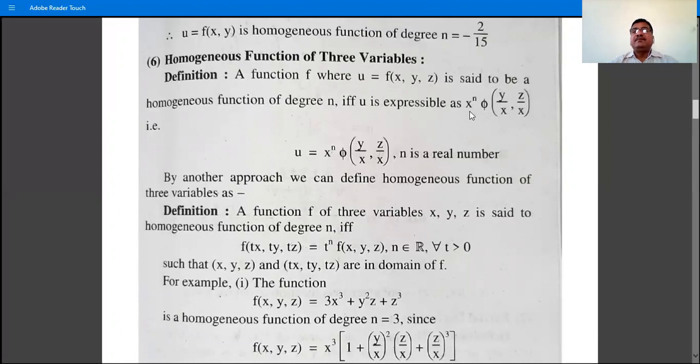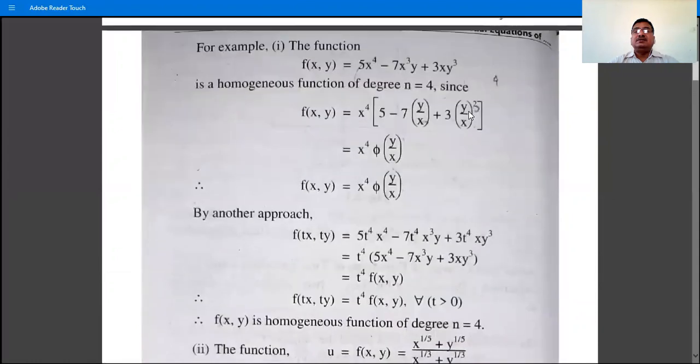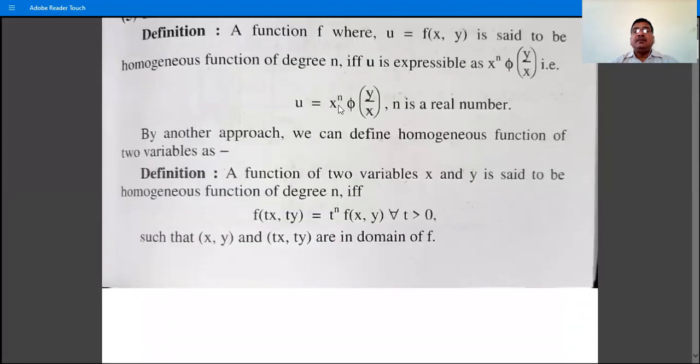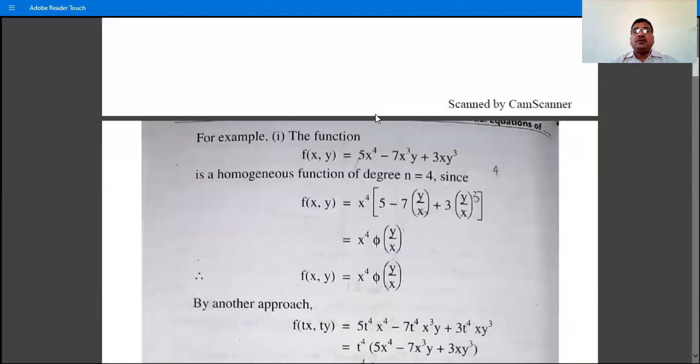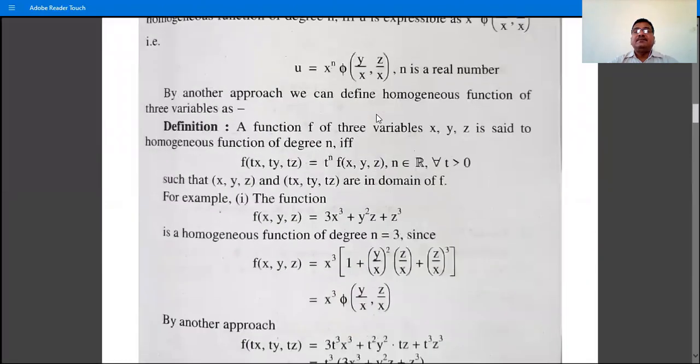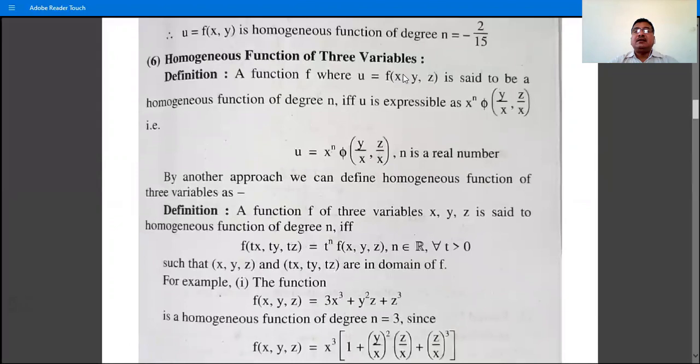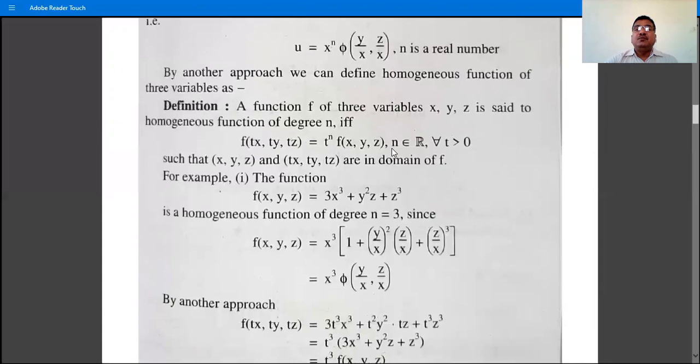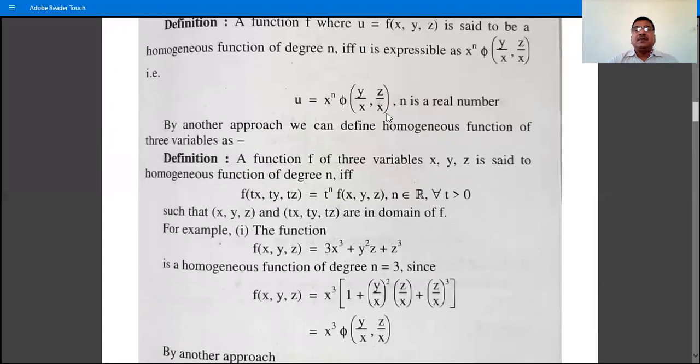So same method. The definition for 2 variables is what? If u is expressed in the form x raised to n, function of y by x. In place of that, if u(x,y,z) or f(x,y,z) is expressed in the form x raised to n, function of y by x, comma z by x, then we say it is a homogeneous function of degree n in x, y, z.